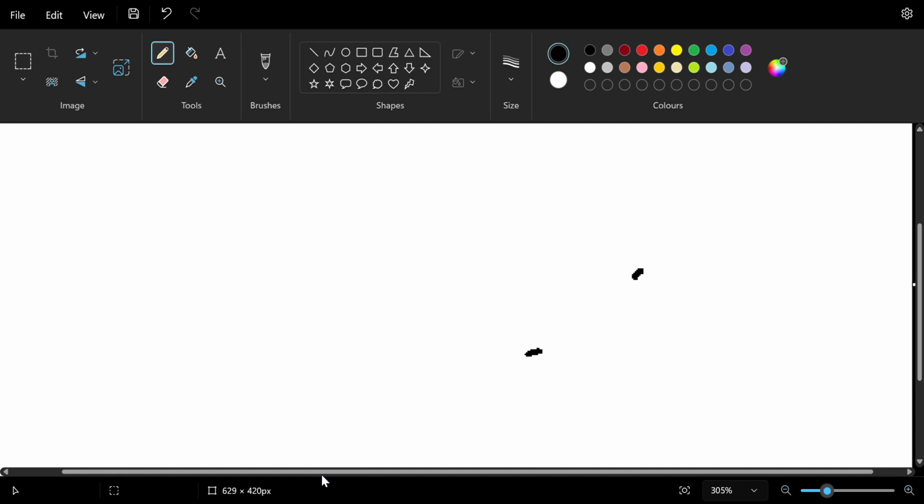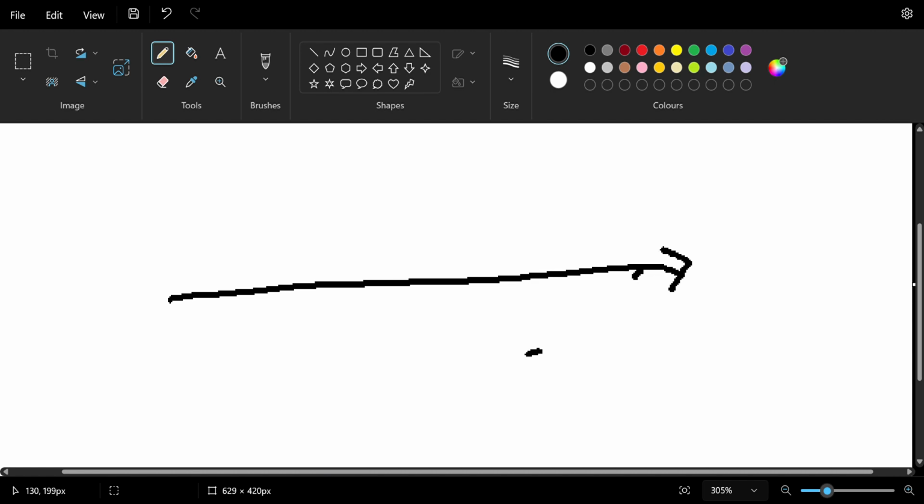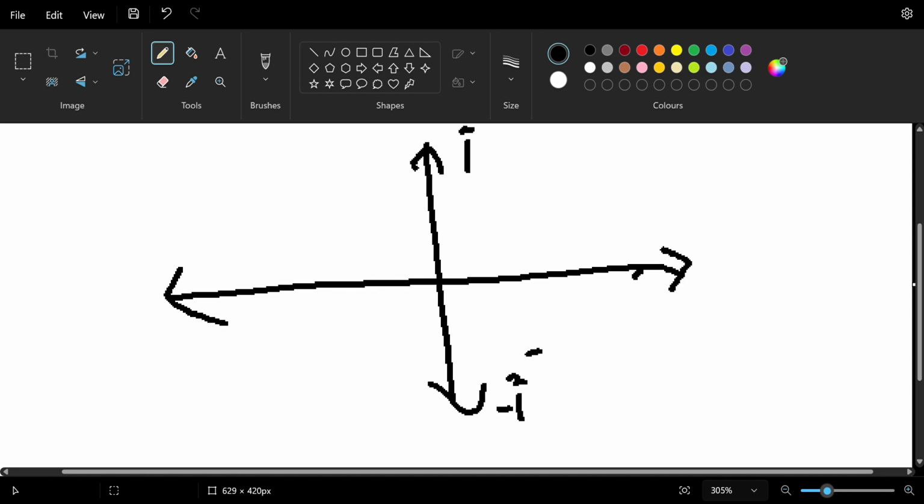So yeah, it isn't a line but two-dimensional. The other dimension is just i. Here's negative i, here's positive i. Here's negative numbers, here's positive numbers. Did you get that? Right.